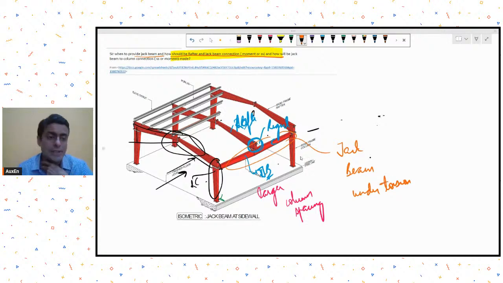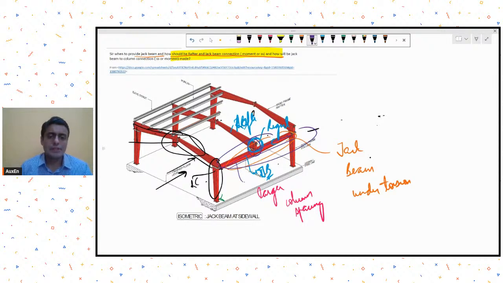Now, interestingly, IS 800 2007 does not give you any check, any provision, any codal line related to torsion design of structural steel members. I don't know if you are aware or not. IS 800 2007 does not give you any process to be followed in case you have torsion in your cross section. So then you will have to go to a code like the AISC American code, and you will have to design this jack beam for the torsion that will come from this rafter.